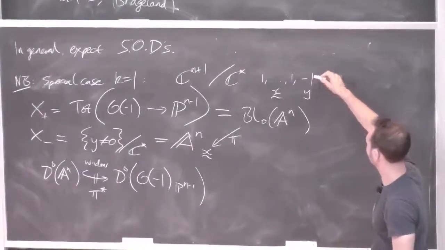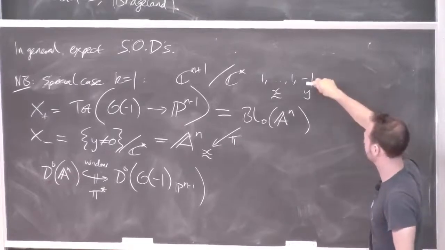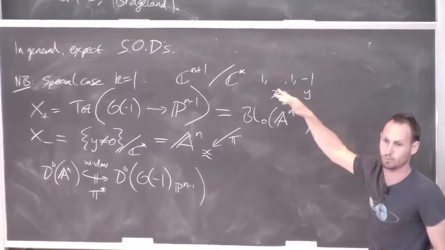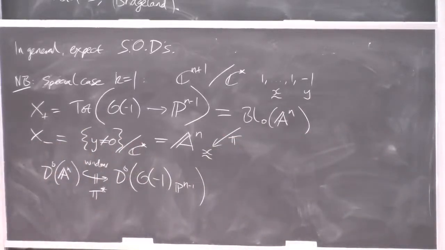So if you don't want to say stacks and you just want to be a bit more intuitive, you could say, well, in this example over here, I said the C star action is free. So you can just rescale y to 1, and its value doesn't matter. If you consider the slice y equals 1, that slice hits all the orbits, one to one. So you can try and do the same thing over here, and it doesn't quite work. p is not 0, so I can rescale it to 1. I can slice at p equals 1, and that will hit all the orbits.